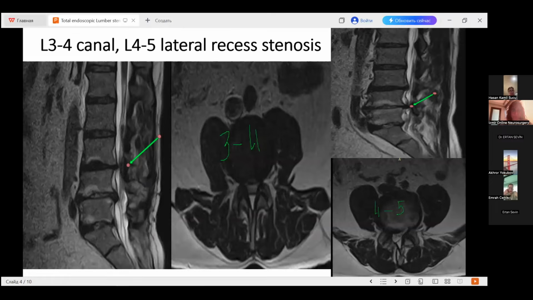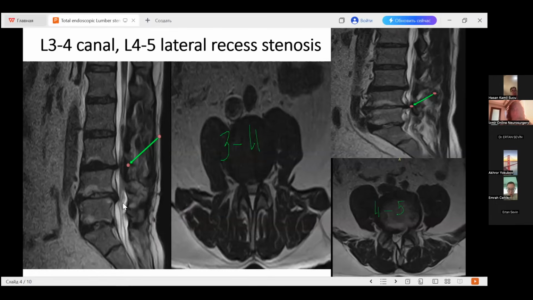I'm trying to explain to you one simple case. This patient was operated on twice before. First, open surgery: first was L5-S1 discectomy, second was L4-5 right side discectomy.